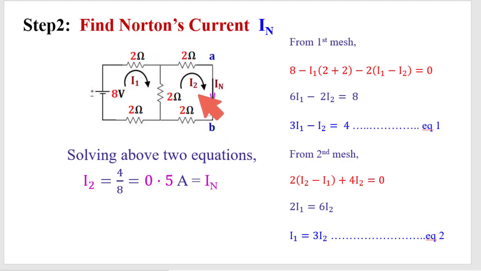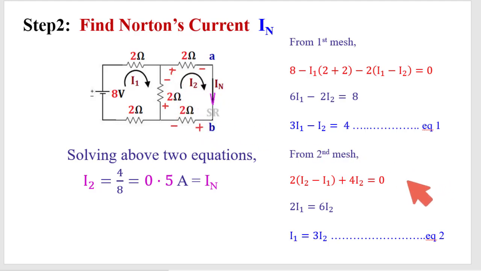Now from the second mesh, I2 is flowing through this resistance from left to right, so this is positive and this is negative. Here again 2 into I2, and here 2 into (I2 minus I1), each positive to negative. There are no sources, and all polarities are the same, so the summation of all three is equal to 0.